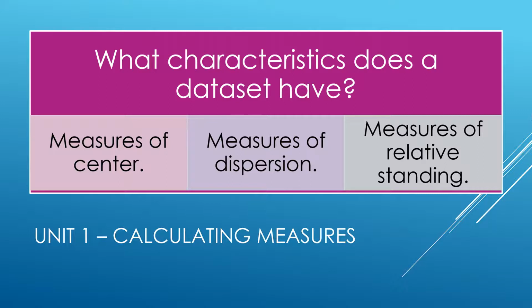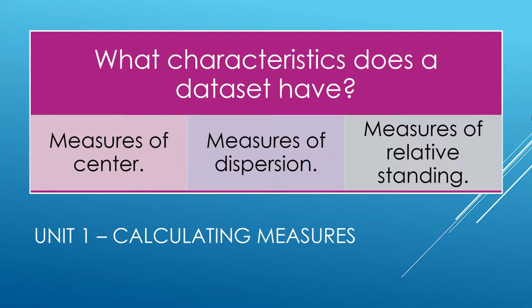We talked about measures of dispersion, which was standard deviation, variance. We looked at how to calculate those by hand and using tools. We also did measures of relative standing, percentiles, quartiles, that sort of thing. We looked at all of that at the start of the course.